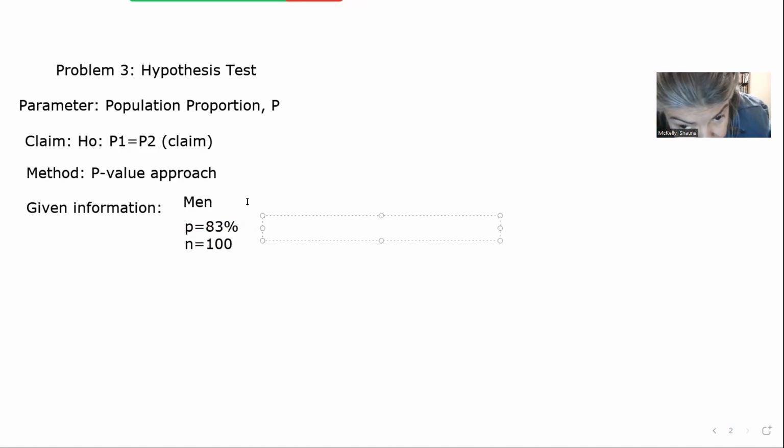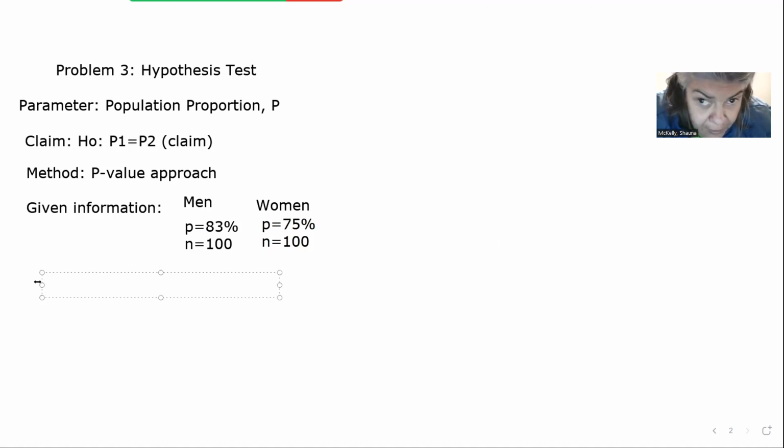So here, when you do the women's information, the women had P hat is 75% and N is 100. Okay, there's my data.